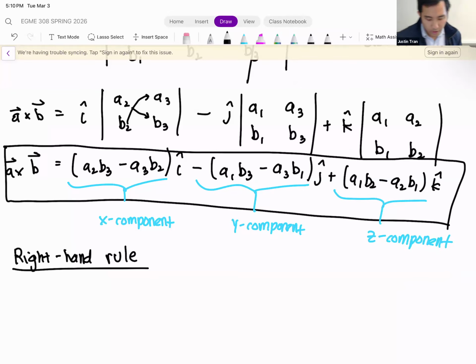All right, so the way the right-hand rule works, and for those of you on Zoom, you'll have to try to see here, I'm going to do my best. You take your right hand, don't take your left hand, otherwise it would be the left-hand rule. You're basically going to make your pointer finger one of the vectors, and then your other three fingers are going to point in the direction of the other.